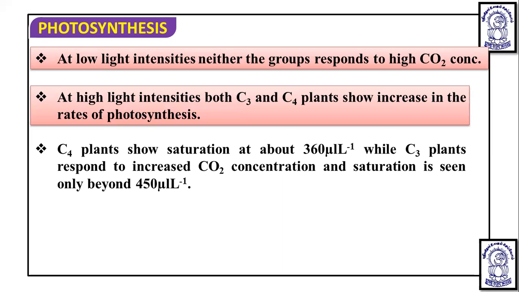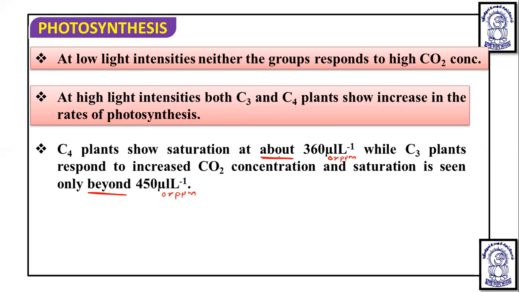And C3 plants respond to increased CO2 concentration, and saturation is seen beyond 450 parts per million or microliter per liter. So C3 plants photosynthesize maximally beyond 450. Remember this word, beyond, more than 450 microliter per liter or parts per million, and here 360 parts per million is for the C4 plant.